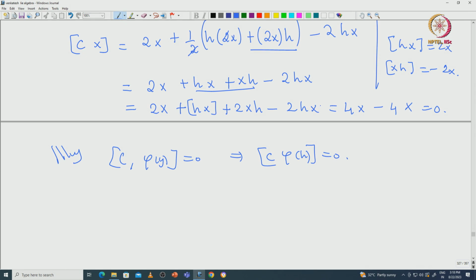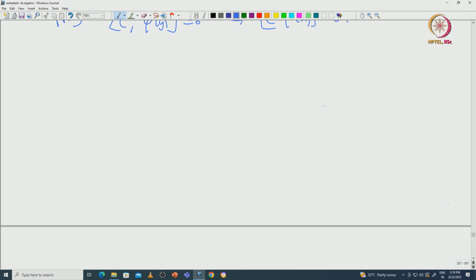But before that let us do one small exercise, which is actually very important at this point.